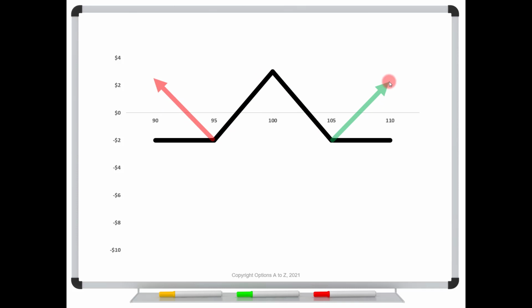So again, lots of ways to look at it. We could say it's a short straddle combined with two strangles. Or we could say it's a long call back spread combined with a long put back spread. Lots of different ways. And in fact, there are other ways to view it, and there are synthetic ways to view it.